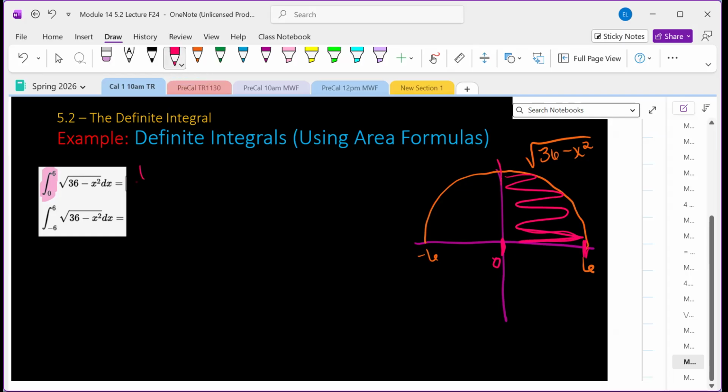So our area formula is a fourth of pi r squared. Now our radius of the circle here is 6. So I get 1/4 times pi times 6 squared. So I end up with 9 pi.